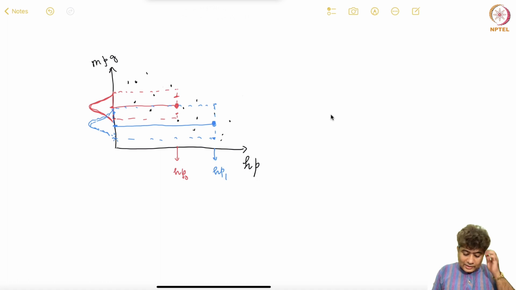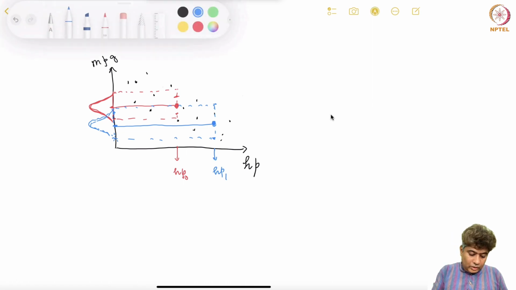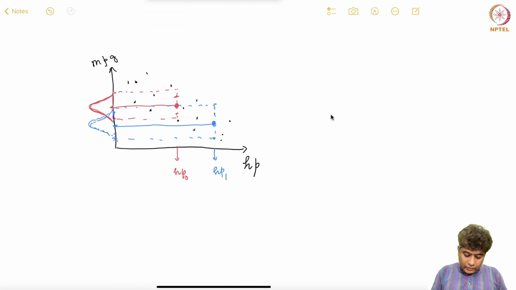So now for different possible horsepower values, maybe this is HP2, we will get an expected value here with some range of values probably in this range.